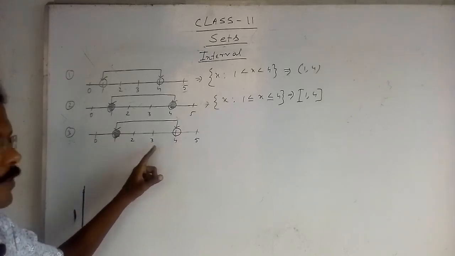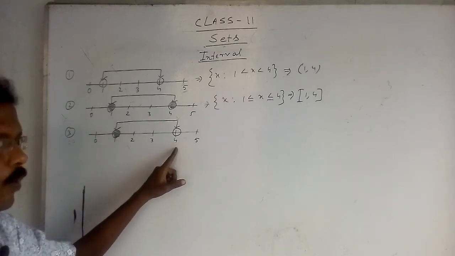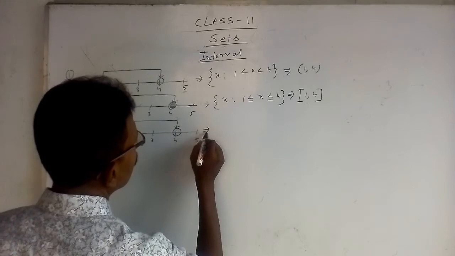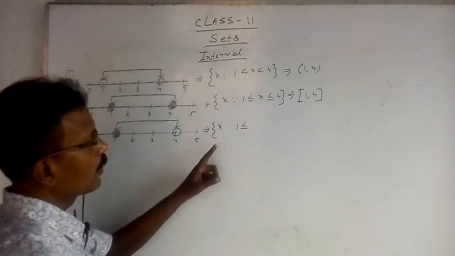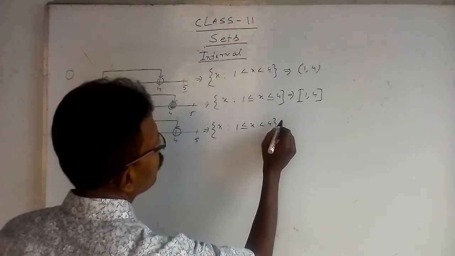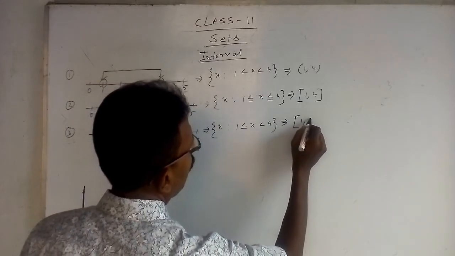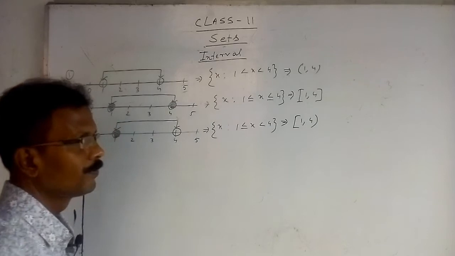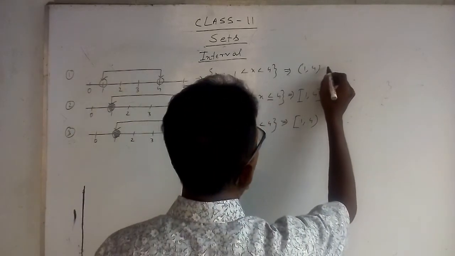What does it mean? It means 1 is included within the interval, but 4 is not. x such that 1 ≤ x < 4, which implies the interval is closed from the left and open from the right. Okay, this is a half-open interval.